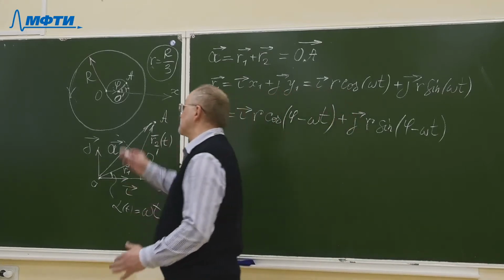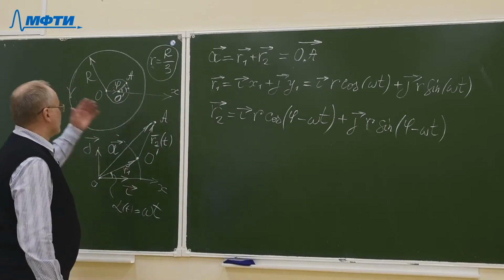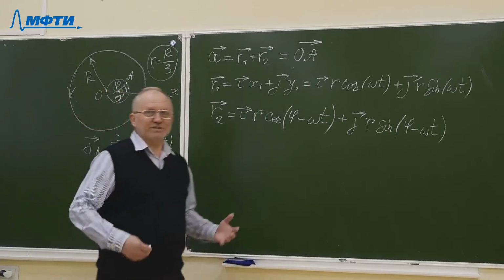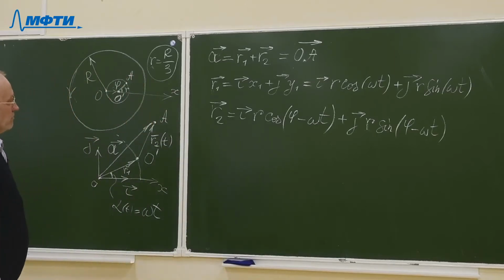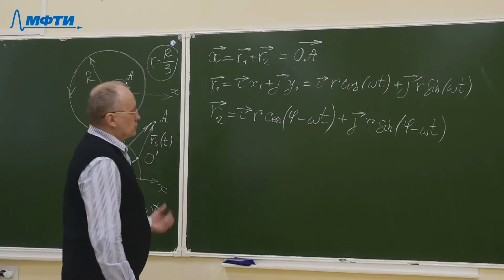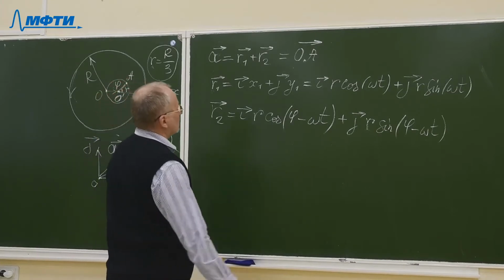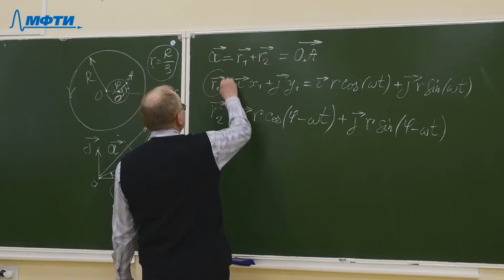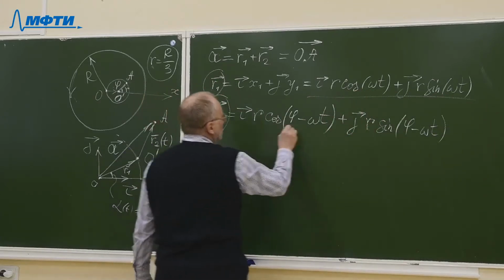But in classical physics, it's always possible to reverse the time, and everything will be okay. The picture will be in compliance with the laws of classical mechanics, whatever direction of time arrow you choose. So we have a simple representation of rotating vector r1 and rotating vector r2.